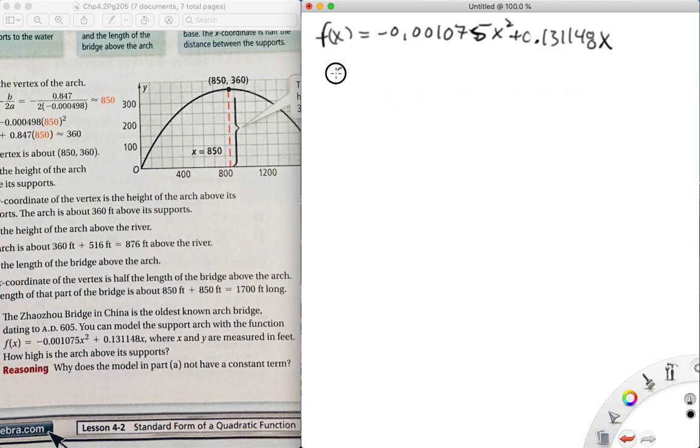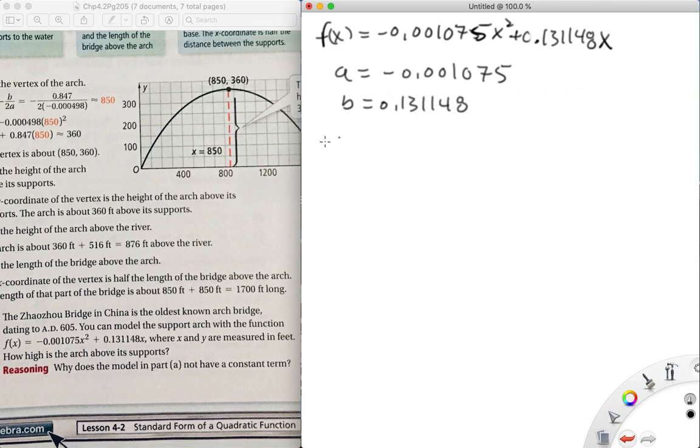Here, a is equal to negative 0.001075, and b is equal to 0.131148.